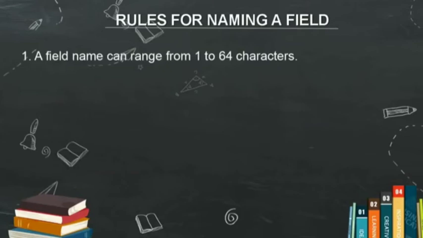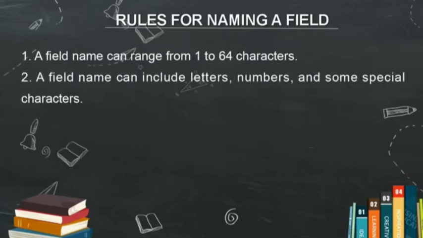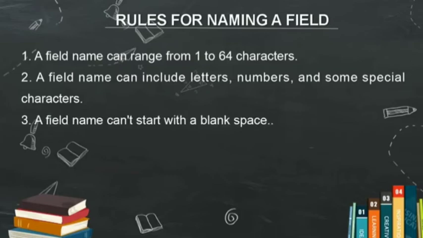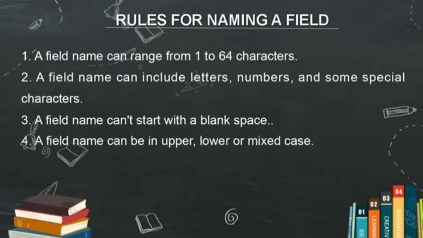Second, a field name can include letters, numbers, and some special characters such as underscore. Apart from that, nothing can be stored as a field name. Third, a field name cannot start with a blank space. Next, a field name can be in upper, lower or mixed case.